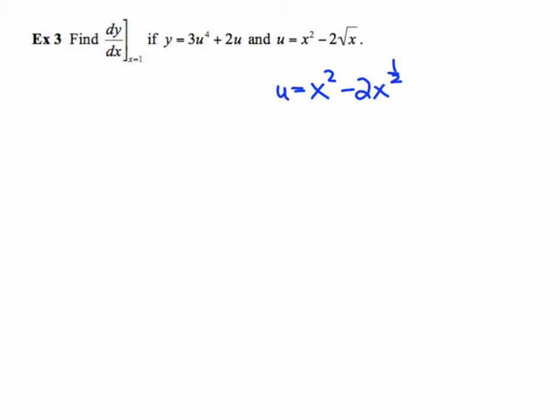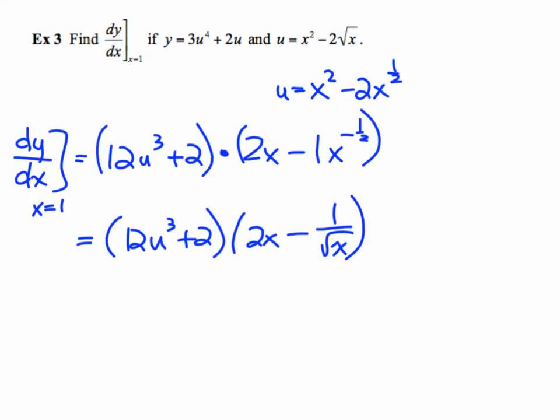So if I'm going to take the derivative of y, because dy over dx means take the derivative of y, the exponent 4 times 3 is 12u cubed plus 2 times the derivative of the variable. So what was my variable? My variable was u, and u is x squared minus 2x to the 1/2.